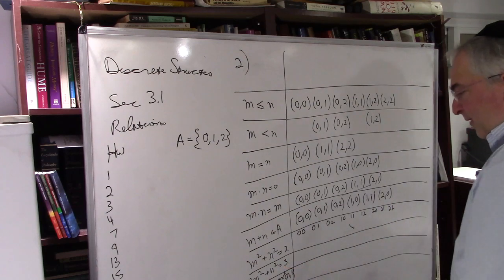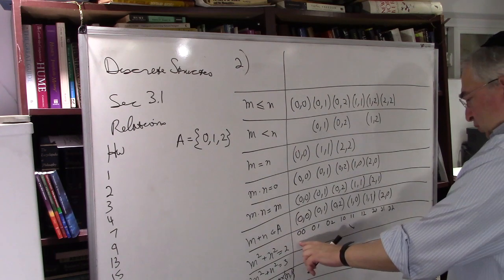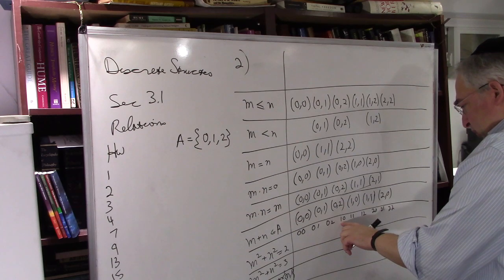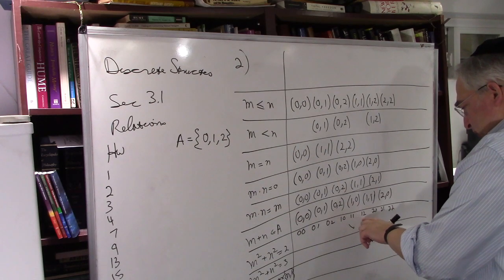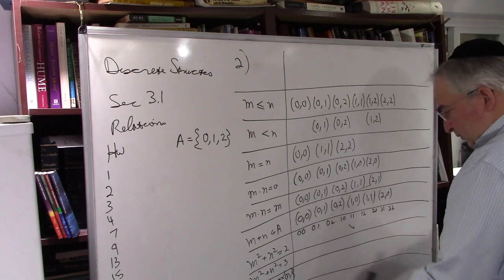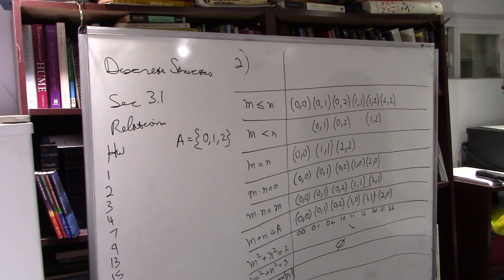What about here? m squared plus n squared is equal to 3. How do you get 3? Let's see. No, no, no. Empty. Okay. And finally, the max of n, 1 is equal to m.